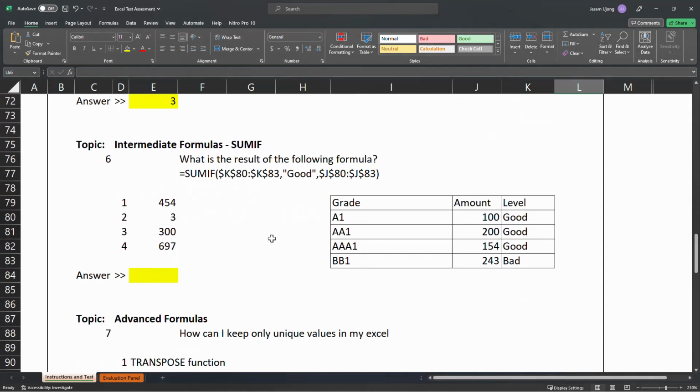Yeah, so let's go to SUMIF. Wow, this is looking thick. Very interesting.